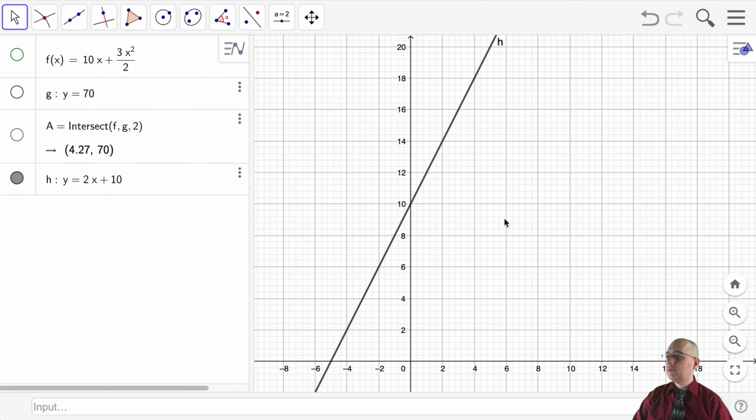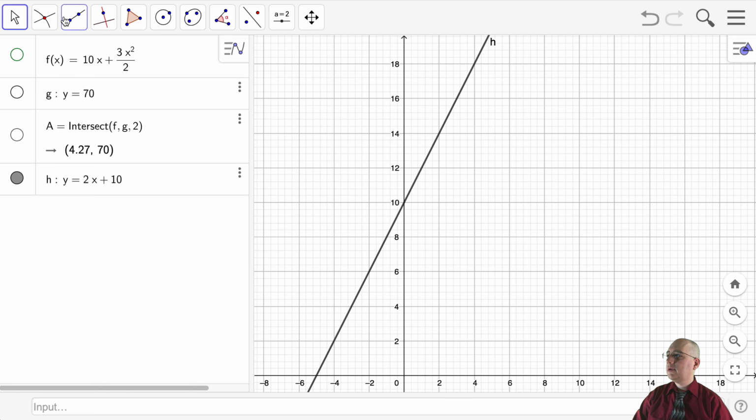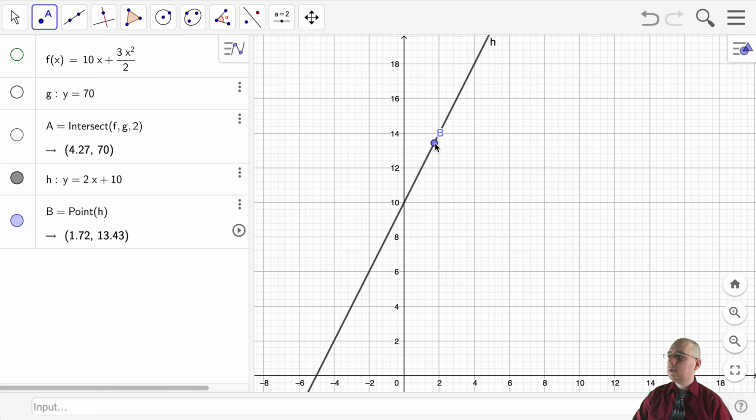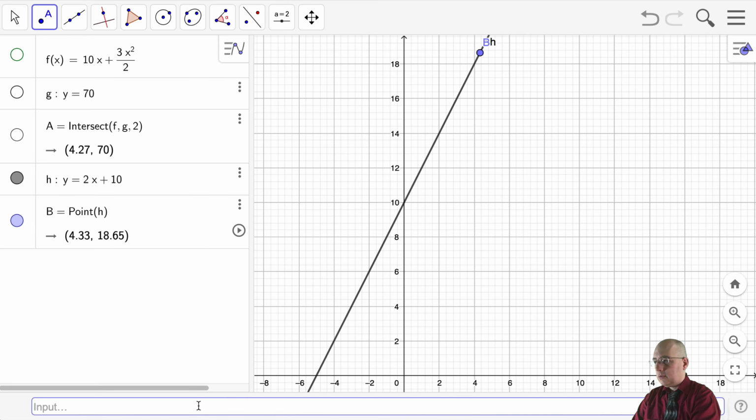I already know from having solved this a couple of times now that my point, say, should be somewhere. There we go. Something like that, right? And if I do x of that point B, I get that x coordinate, so I can put a point down there, call it C. I throw in the origin, and then I also throw in that y-intercept.